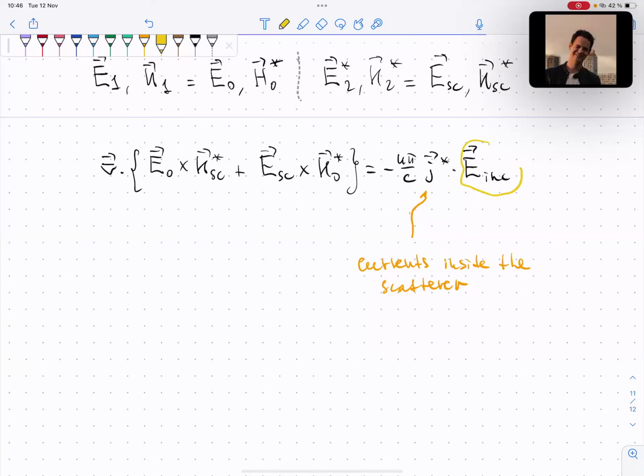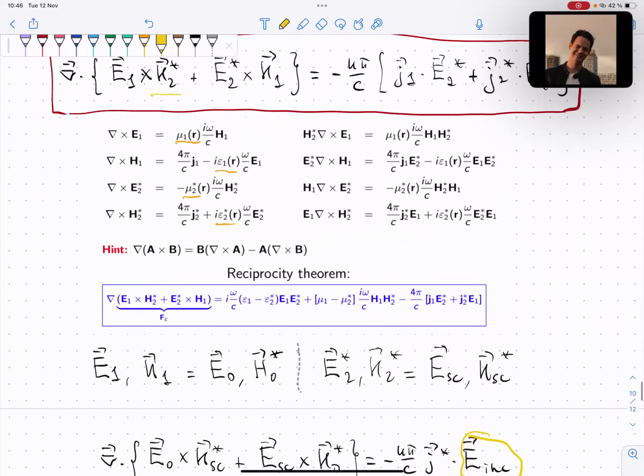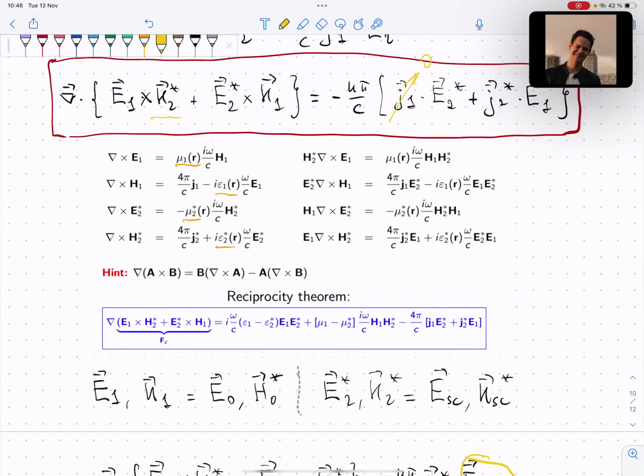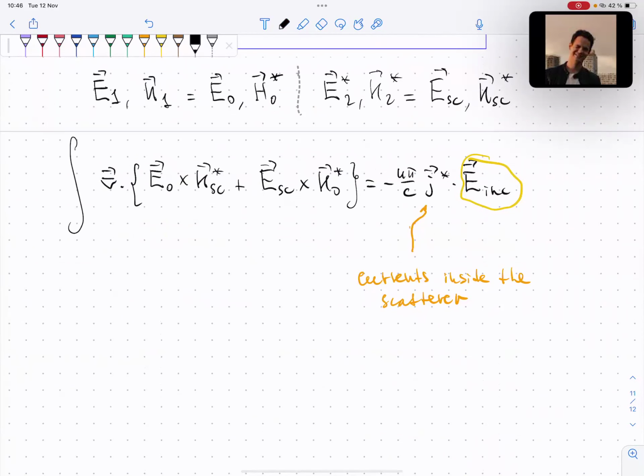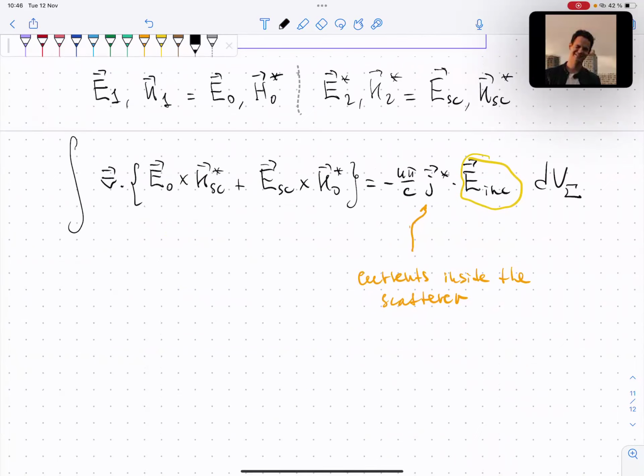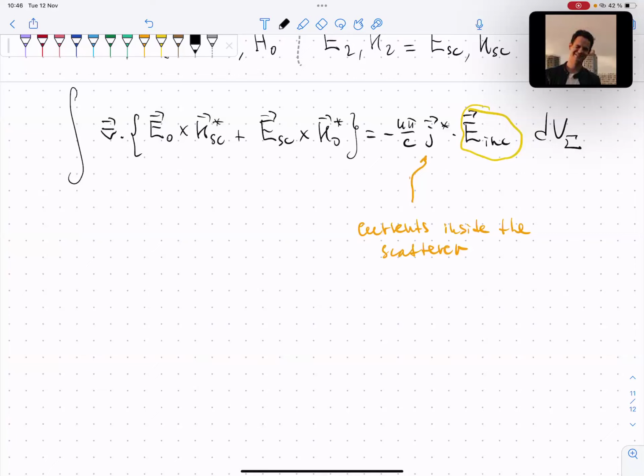And because for the incident field we have no currents, because it's a solution of just a homogeneous wave equation. For the incident field, current is 0. Then here we will have I1 equal to 0 and J1 equal to 0, and J2 will be just this J inside. And if we integrate this over the volume, for example, the volume given by the surface sigma, using Gauss theorem, we can reduce this integral of divergence.